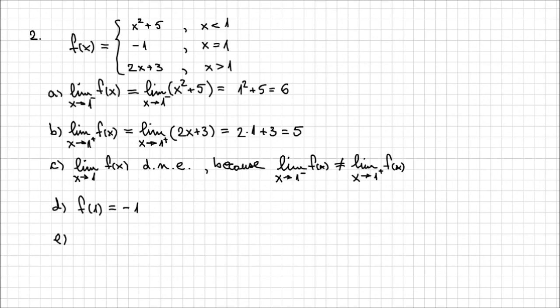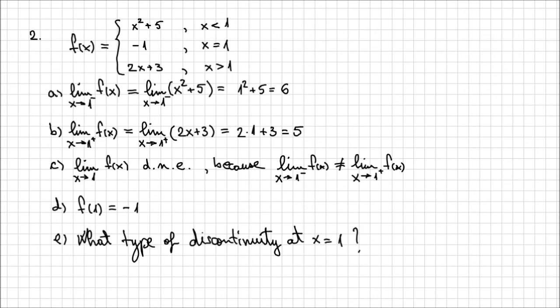Because you may encounter an additional question, such as the one at the next point E. What type of discontinuity do we have when x is 1? This question goes even further, not only asking you if the function is continuous or not when x is 1, but what type of discontinuity it represents.